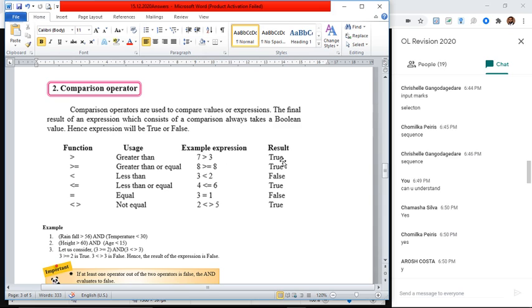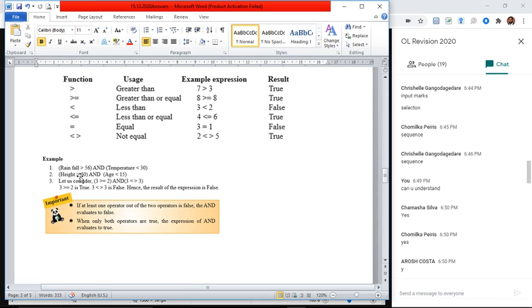True, the answer will be true. 8 greater than or equal 8, yes, true. 3 less than 2, false. 4 less than or equal 6, true. 3 equal to 1, false. 2 not equal to 5, true. So that is what we are calling comparison operators.